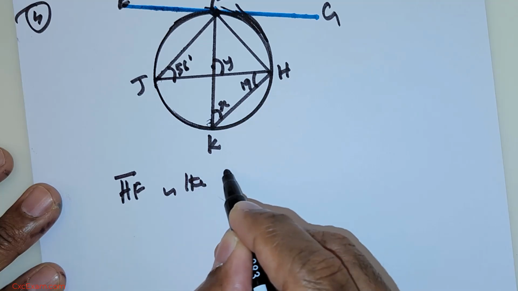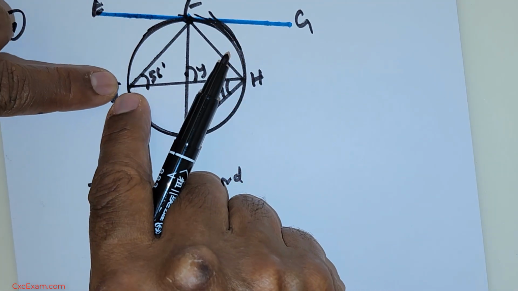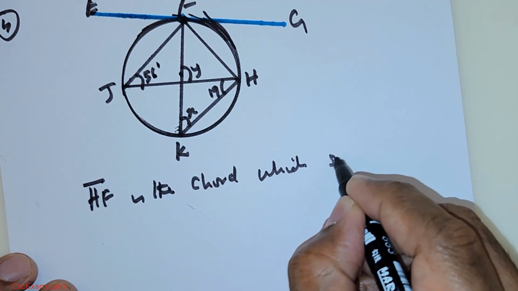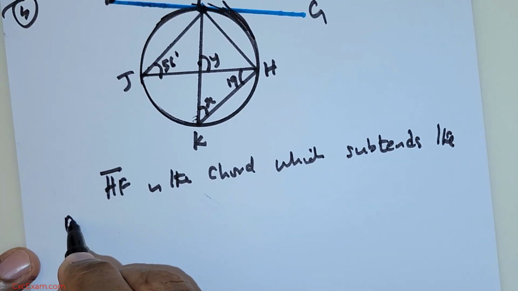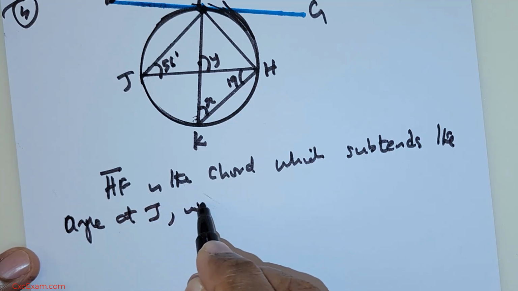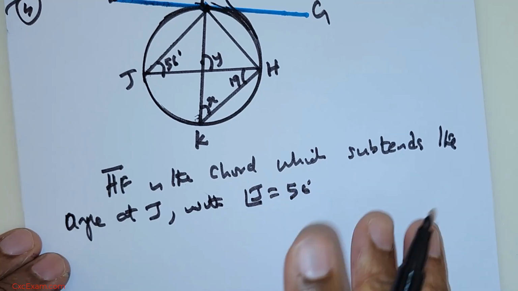This HF is creating this angle at J, with angle J equal to 56 degrees.